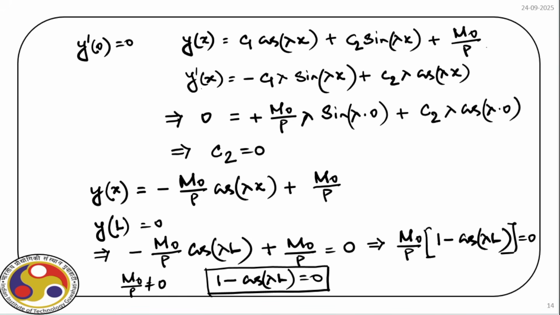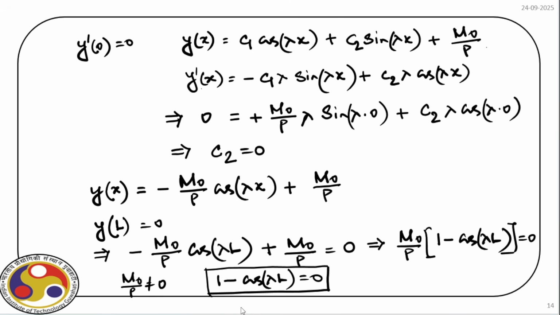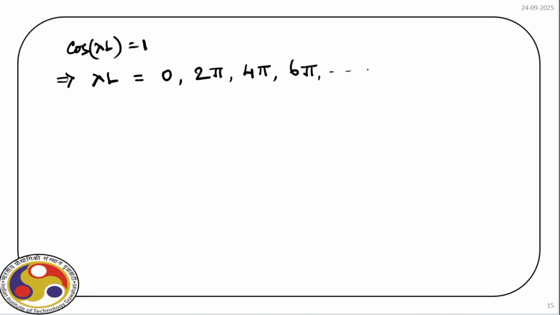for the column having fixed boundary conditions, right? Now from this characteristic equation, what we get is cos lambda L is equal to 1. So for fixed boundary condition, we have cos lambda L is equal to 1. And therefore, we have lambda L is equal to 0, 2 pi, 4 pi, and so on, right? Obviously, 0 is a trivial solution that we are not looking at.